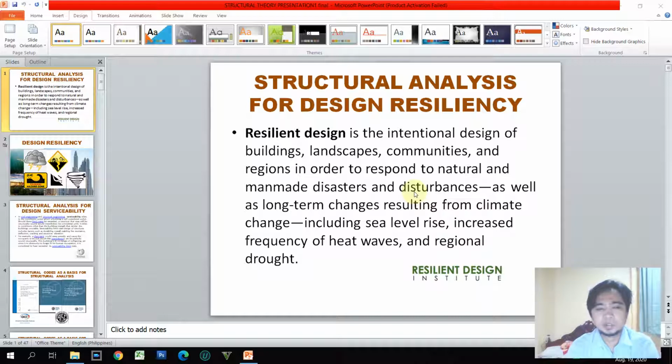So we have learned that the coverage of this subject is more on determinate structures, and later on it will be expanded to Structural Theory 2, which discusses more on procedures and concepts relating to indeterminate structures.